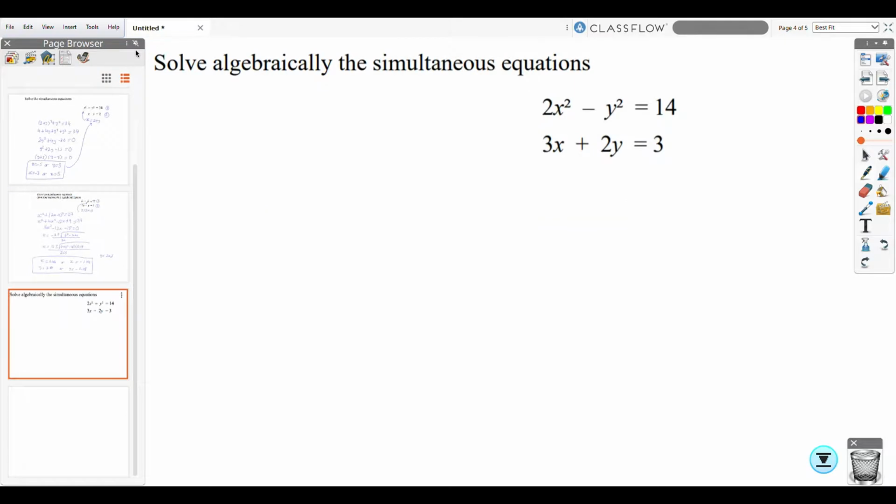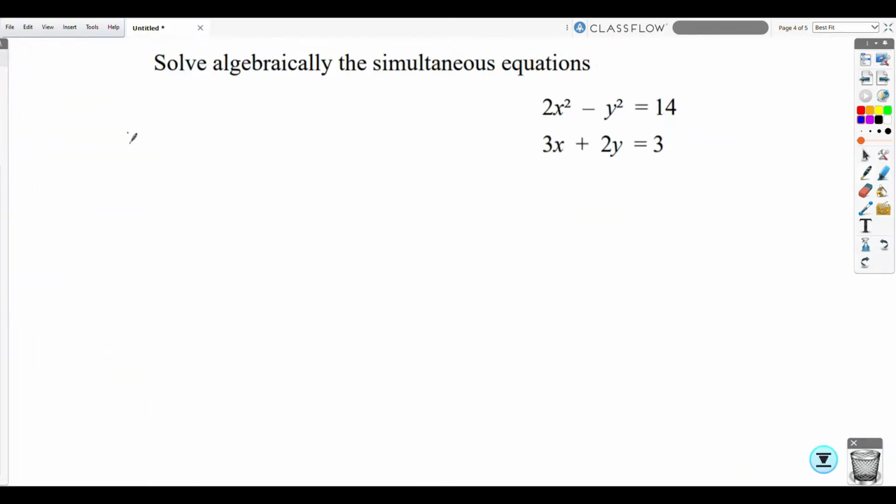And the final example we're doing, this one will be dealing with fractions, which is quite a bit harder. So it doesn't really matter if we make x or y equals in the second equation, we're going to have a fraction both ways. So I prefer to deal with the y equals. So if we rearrange this, we get 2y is equal to 3 minus 3x.